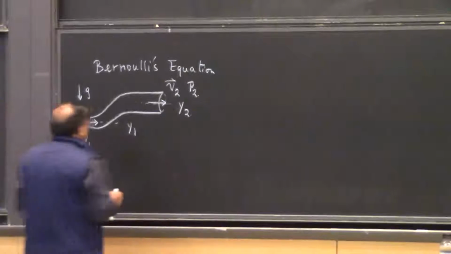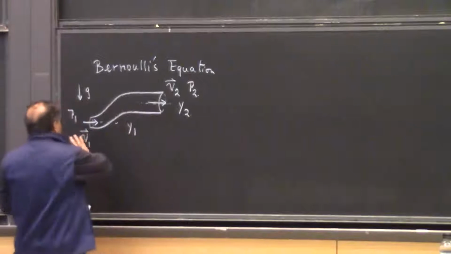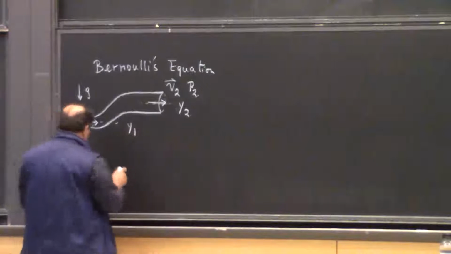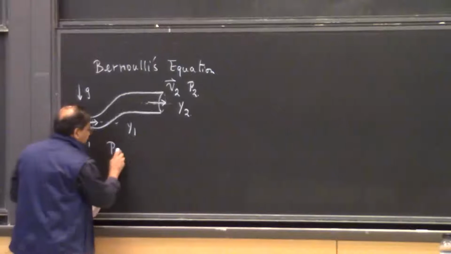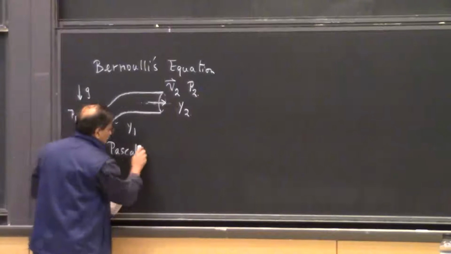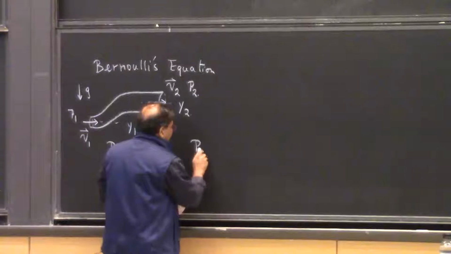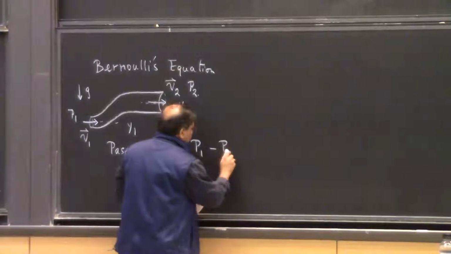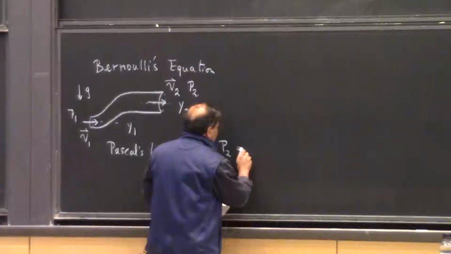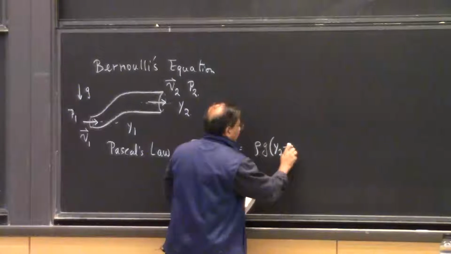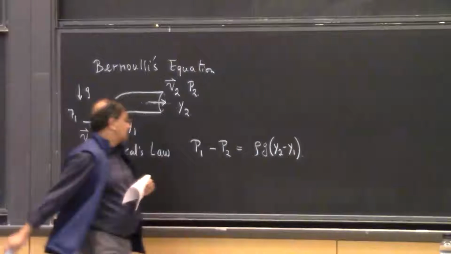So if I were ignoring the motion completely, the v1 and v2 completely, Pascal's law tells us that P1 minus P2 is equal to rho g (y2 minus y1). That's what Pascal's law tells us.